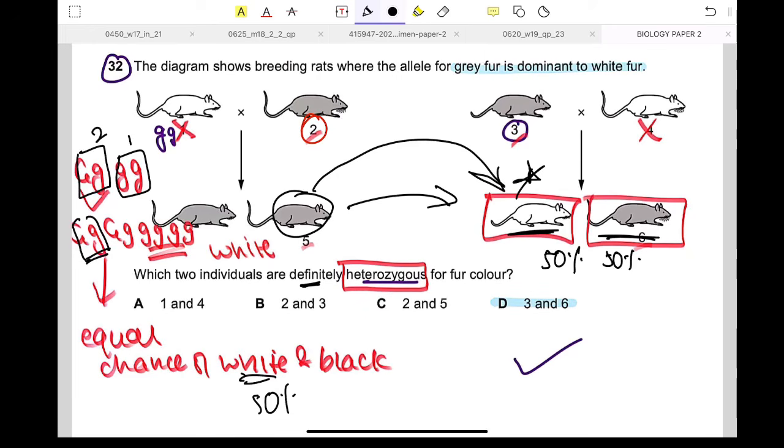Compared to the other one where it actually had black more than white, when the actual chance of getting black and white was 50% each, equal chances, that was shown in 3 and 6, where you got an equal number of black and white. But in the other case, you got only black and not white. So that is why 3 and 6 is correct. All right, and 3 and 6 is your answer. So D is your answer.